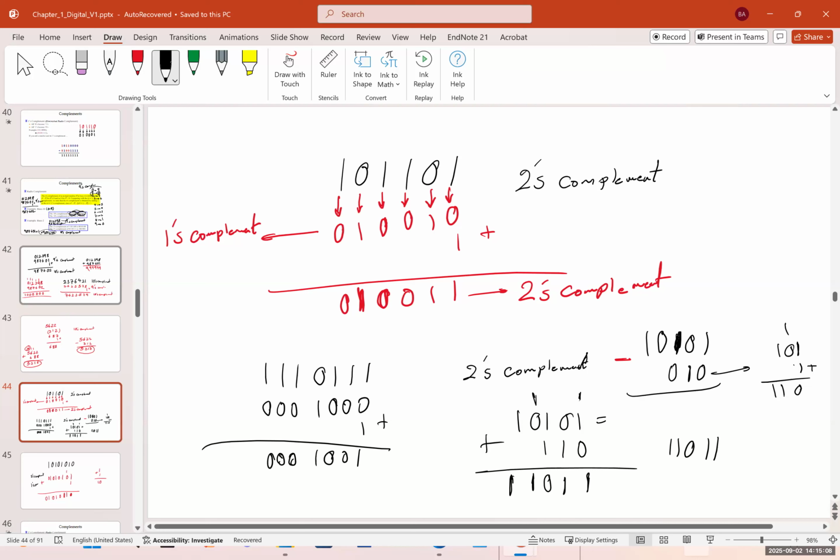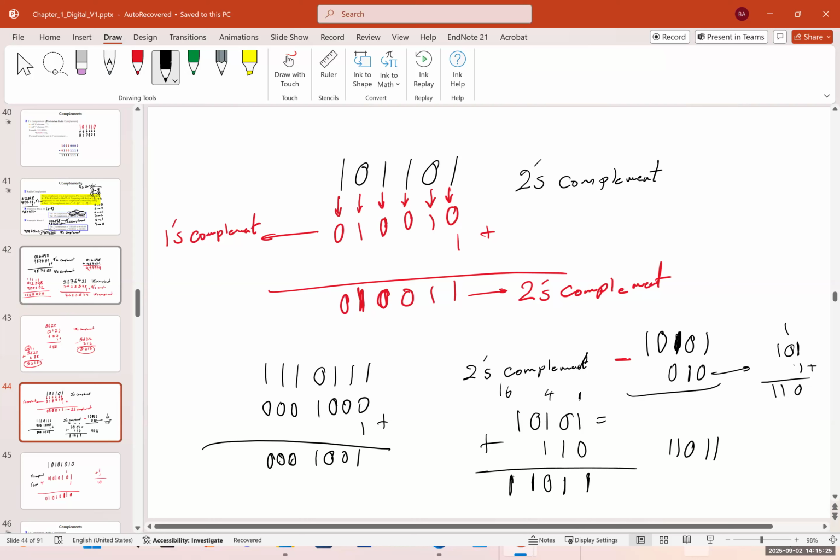2 in the power of 0, 1, 2, 3, 4. So this is going to be 16. 2 in the power of 3, 2 in the power of 2. This is 4, 2 in the power of 1, and 2 in the power of 0.